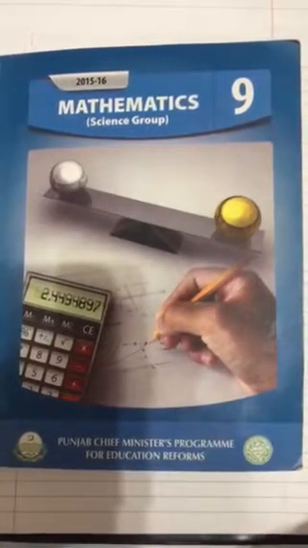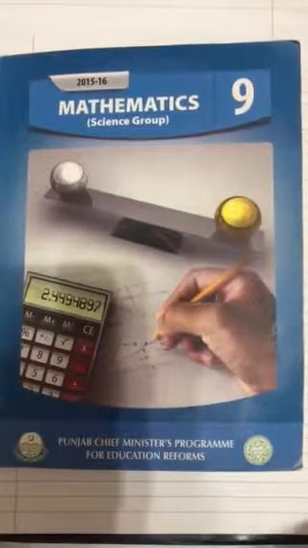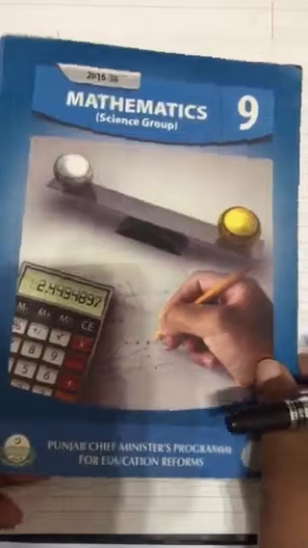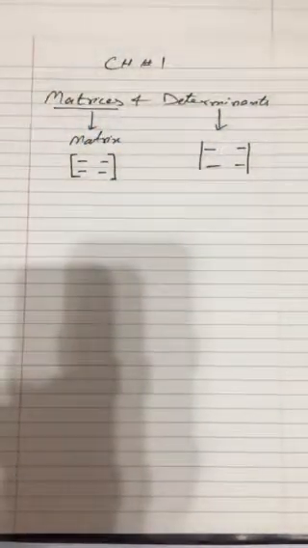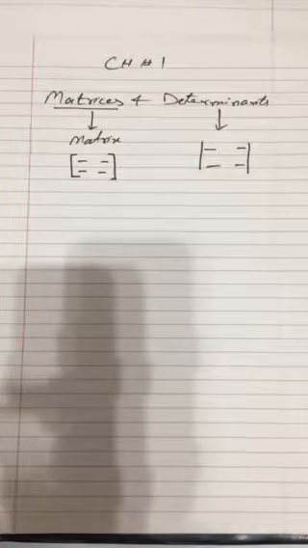This book is from Punjab Text Board, Lahore. It is used in Federal Board as well as Gujranwala Board, Lahore Board. Today we discuss chapter number 1 from it, that is matrices and determinants.